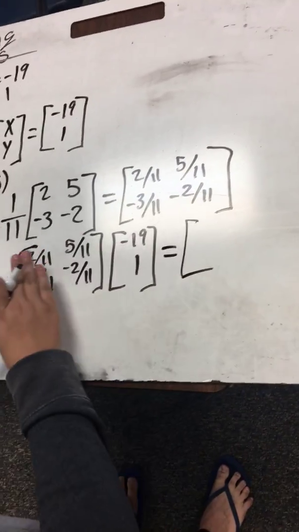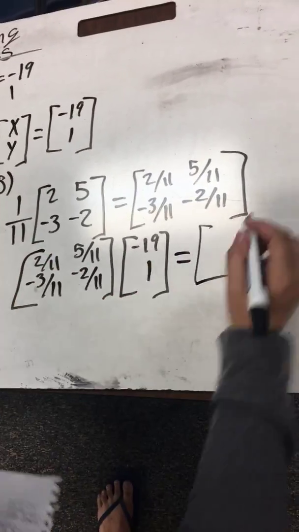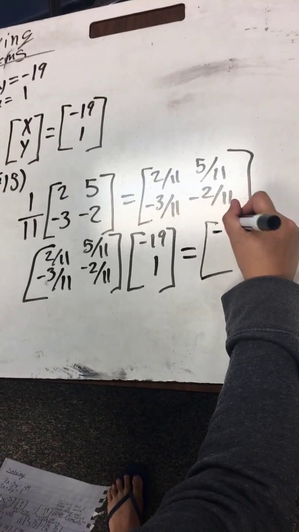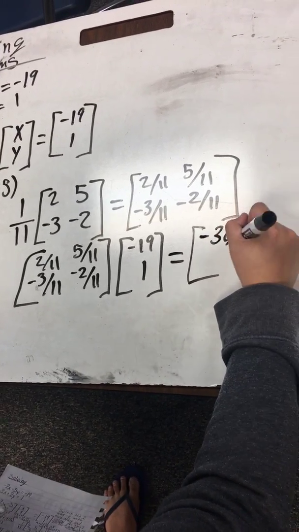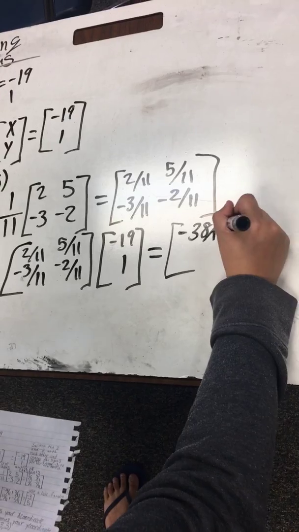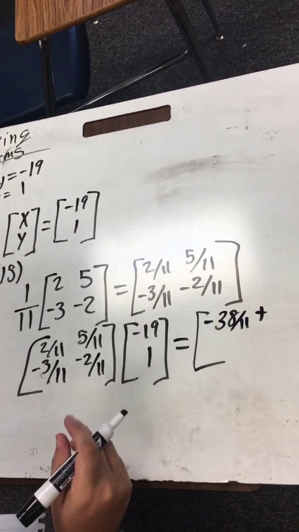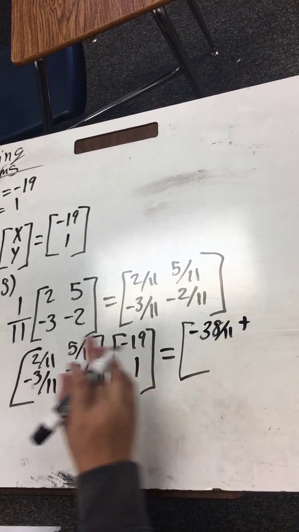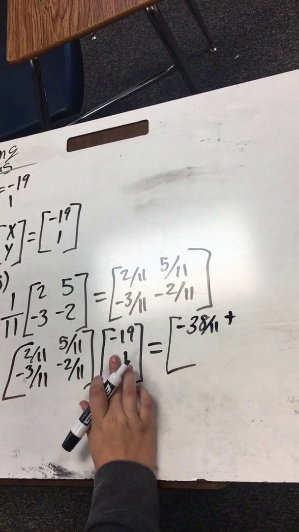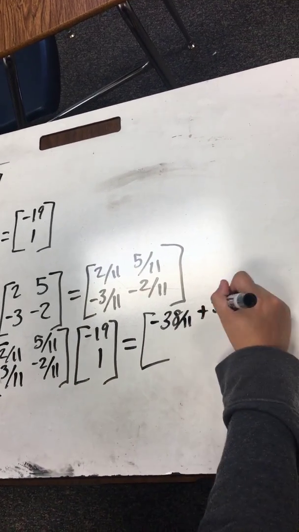So negative 19 times 2 is negative 38 over 11. And you will add that to 5/11 times 1, which is 5/11.